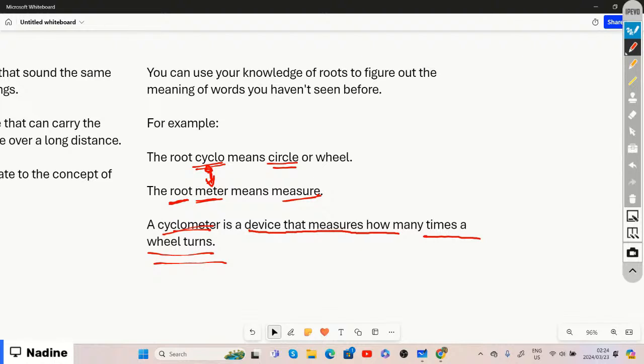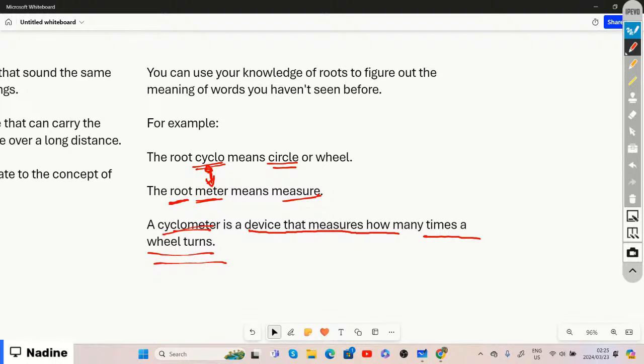That is correct. The root word is basically just the part of the word that carries the meaning of that word, right? And whatever other words are attached to that root word will have a similar meaning.